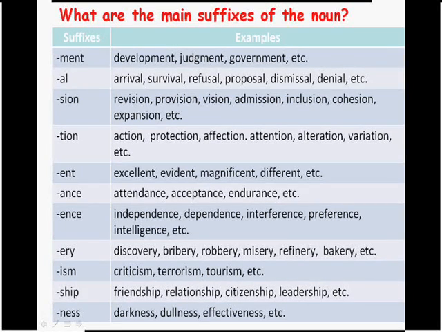So these suffixes are ment, al, sion, tion, ent, ance, ence, ery, ism, ship, and ness. I'm going to give you just one minute to have a close look at the suffixes and the examples.